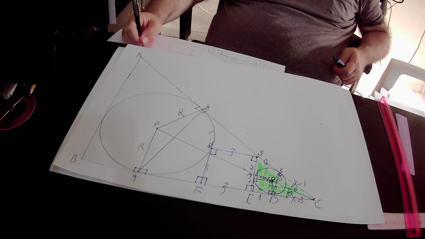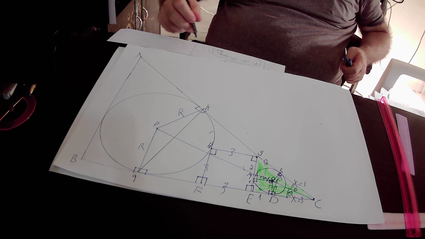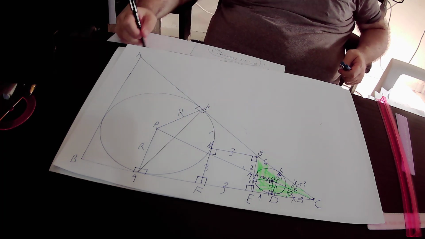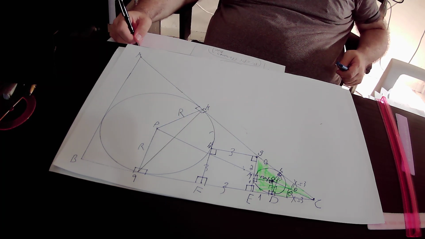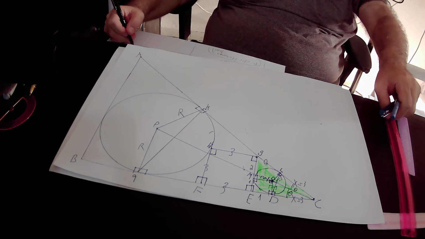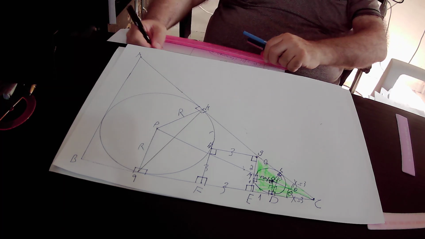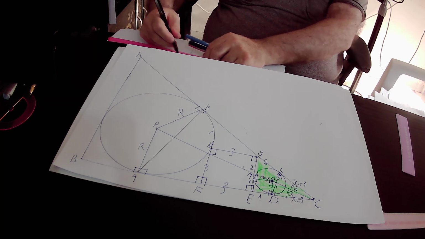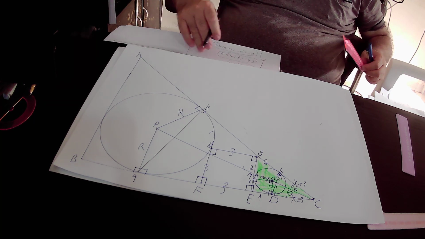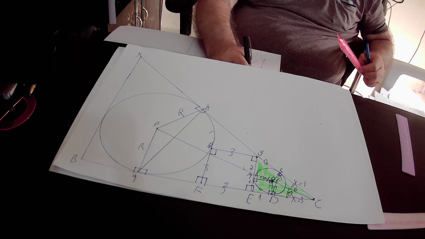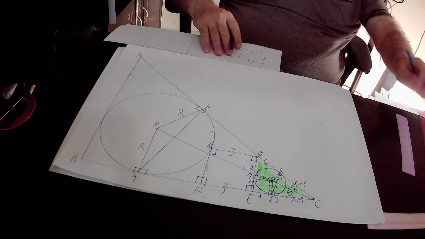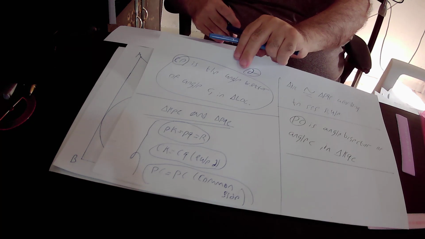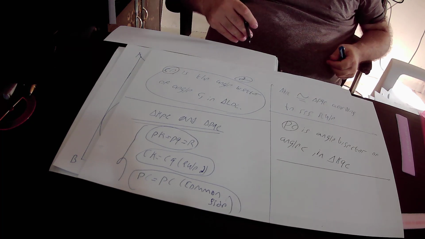In triangle KQC, in conclusion, we found out that angle C has two angle bisectors.